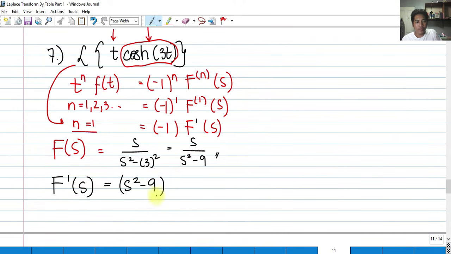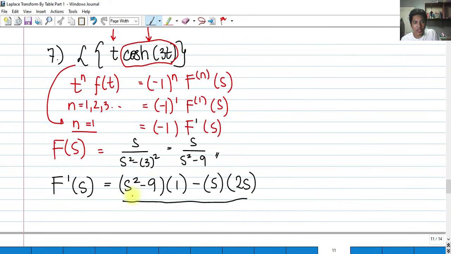This is the low. The derivative of high with respect to s is 1. Minus high, copy the numerator, and differentiate the denominator with respect to s, that is 2s, over low squared, s squared minus 9 squared. So that's how we get the derivative.